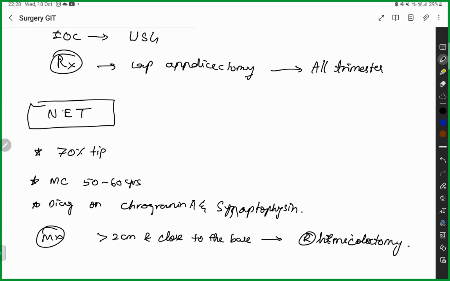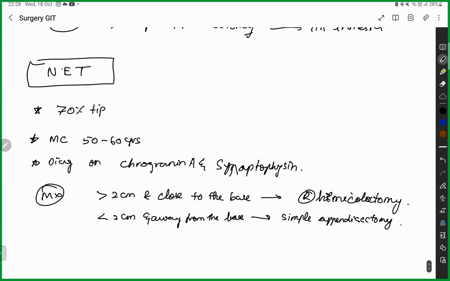And if it is less than 2 centimeter and away from the base, what are you going to do? You are going to do a simple appendicectomy. Very important. More than 2 centimeter and close to the base, right hemicolectomy. Less than 2 centimeter and away from the base, simple appendicectomy. This is very important.